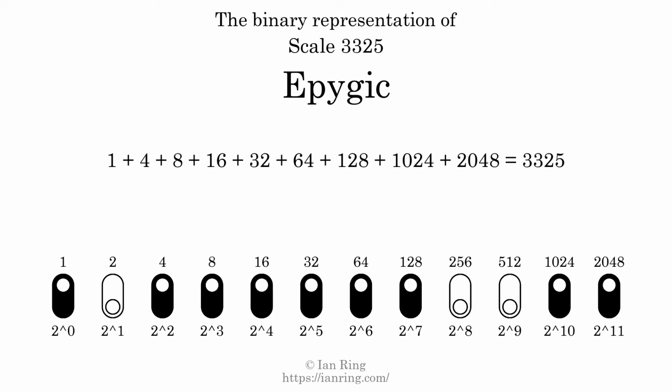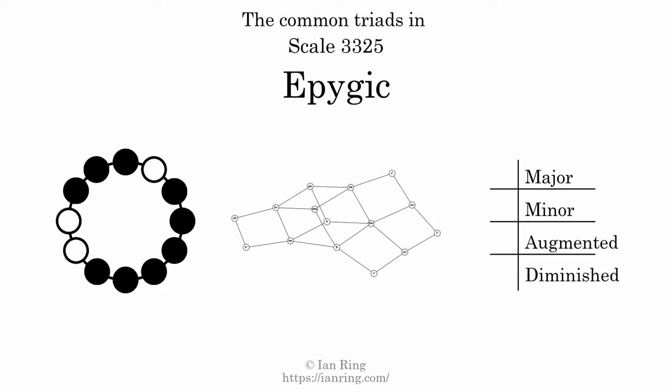That is why the scale number, in decimal, is 3325. The scale number not only enumerates the scale with a unique index, but it also literally describes the tonal content of the scale. Represented as a binary number in base 2, the scale number is 110011111101.